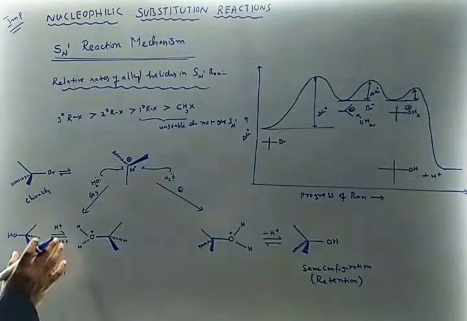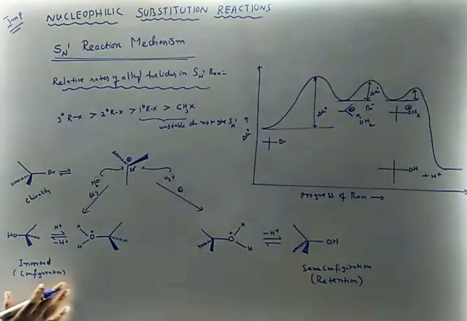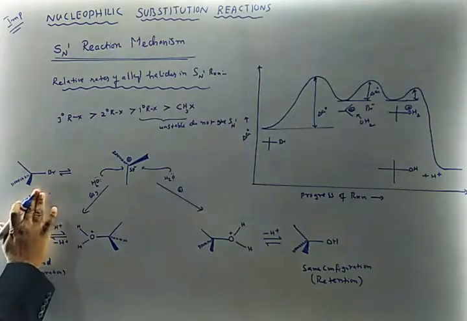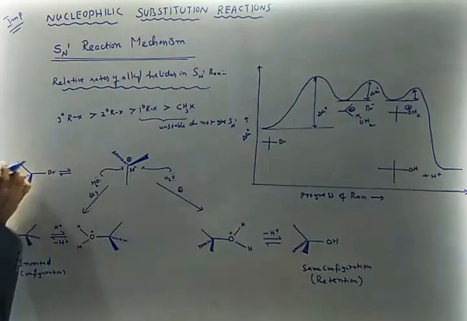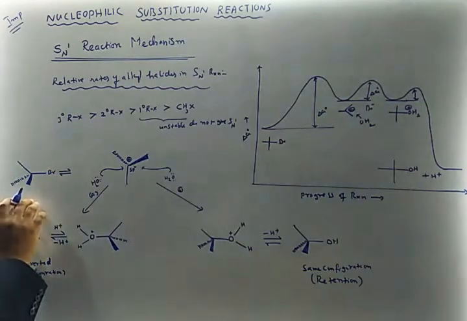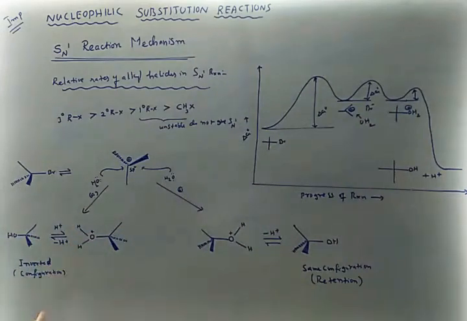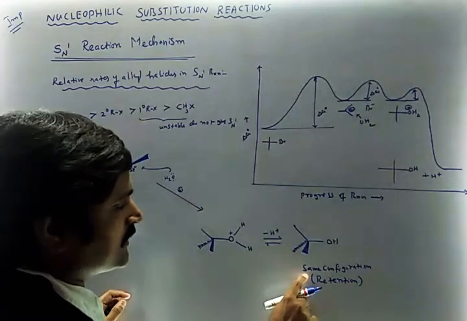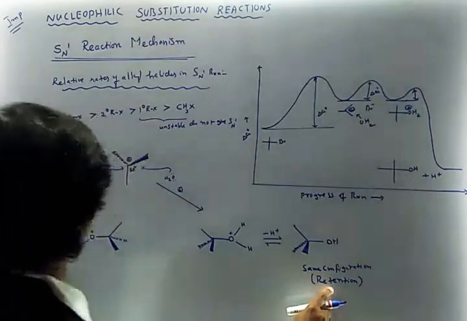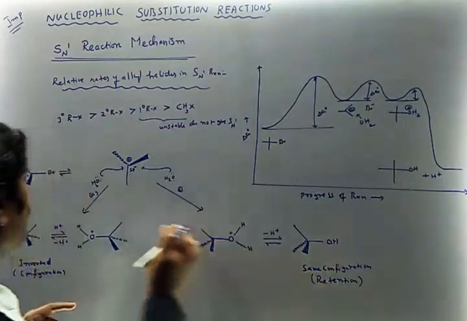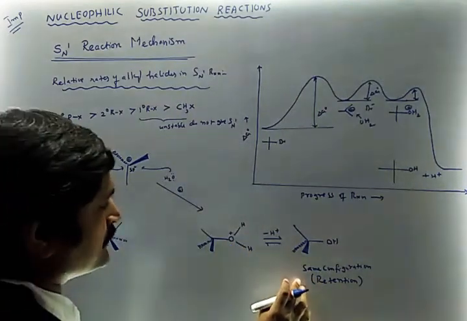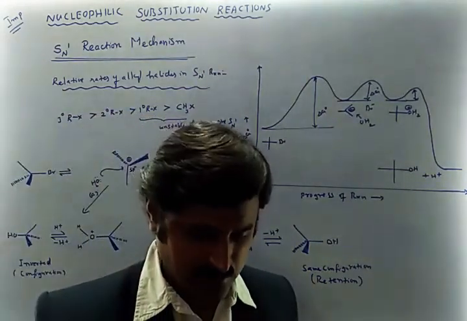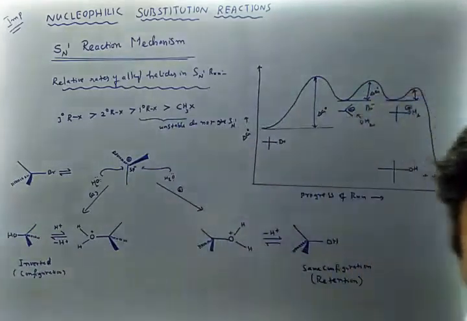So here we obtain two types of isomers. One is the inverted configuration, opposite to the alkyl halide you have taken, like in the Sn2 mechanism. In the second case we got retention of configuration, similar to the configuration of the alkyl halide. We got the product alcohol. This is one of the most interesting things in this case.